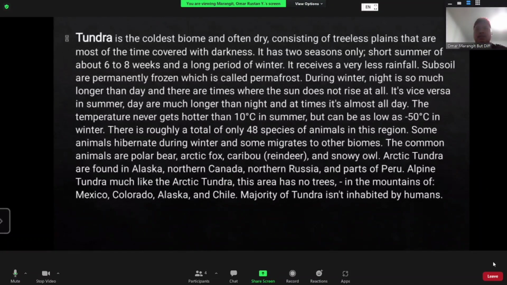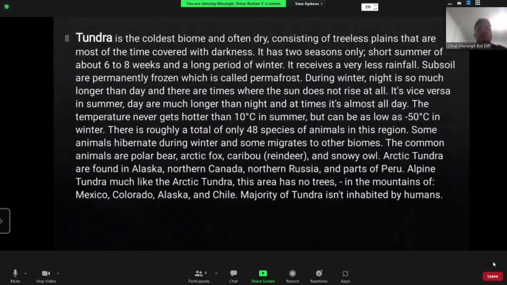Alpine tundra, much like Arctic tundra, this area has no trees, in the mountains of Mexico, Colorado, Alaska, and Chile. Majority of tundra isn't inhabited by humans. So yung ibang lugar daw ng tundra is hindi natitirhan ng mga tao dahil syempre wala kang mapapagkuhanan ng pagkain kasi nagyayelo lang lahat.